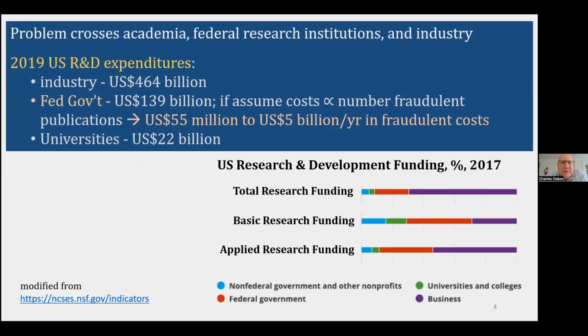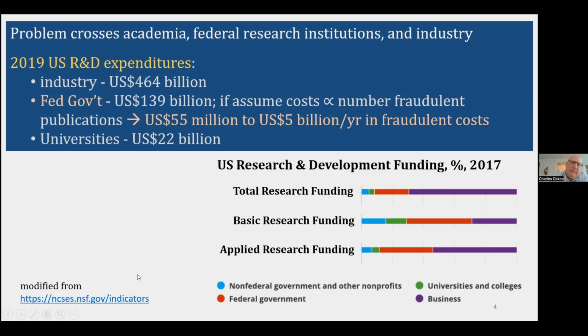Now, what's the impact? Well, there's a huge amount of money spent on R&D. These are just US numbers, and the EU is roughly the same order of magnitude, maybe a tad larger. But in the US in 2019, roughly $600 billion was spent on R&D work.